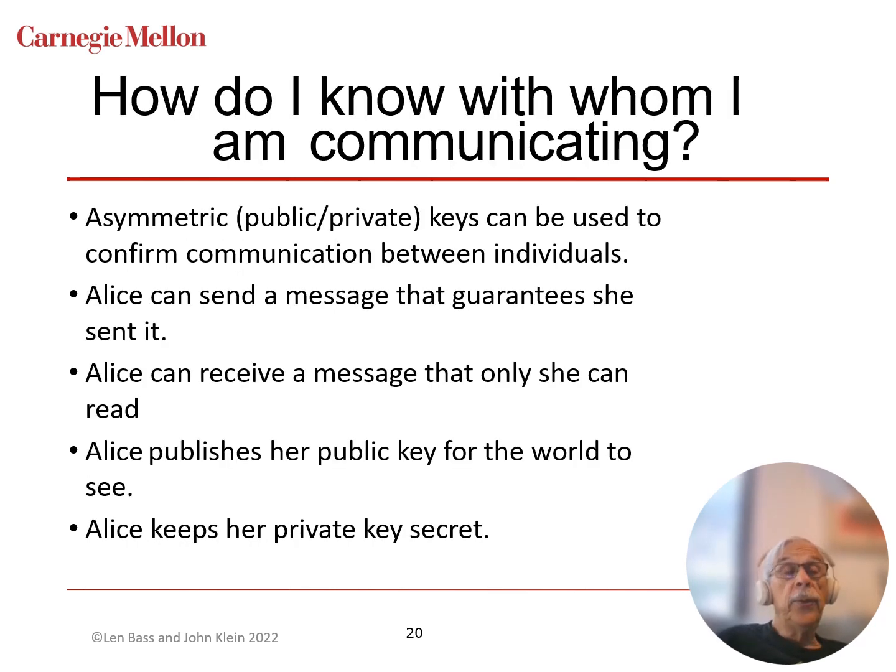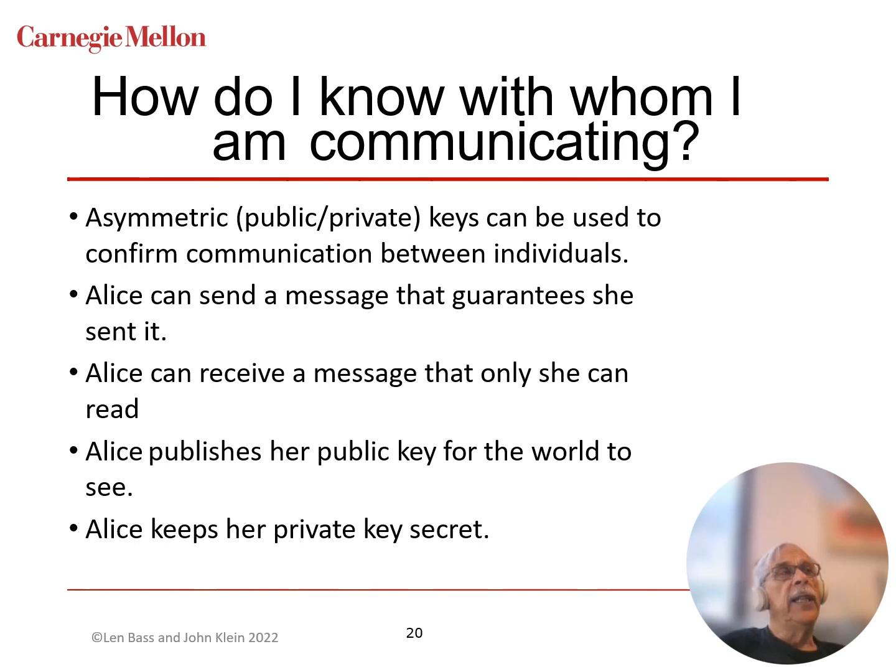And this gets to one of the characteristics of asymmetric encryption. So Alice has a public key and a private key. Bob has a public key and a private key. And the public keys are public, right? I mean, that's where the term comes from. If Alice wants to send a message that only Bob can read, then what she will do is encrypt the message with Bob's public key.